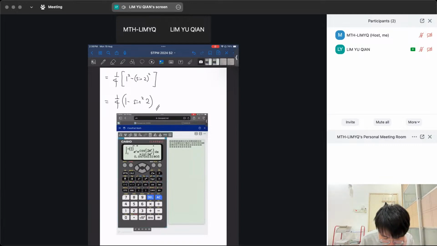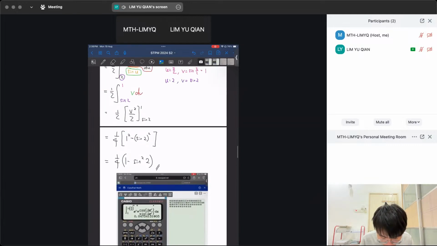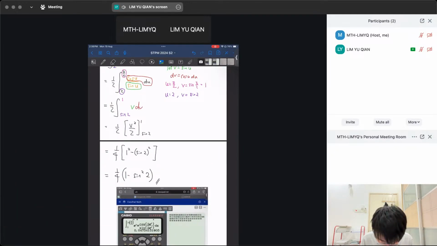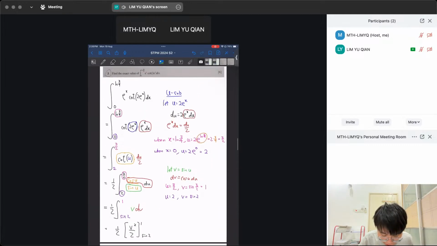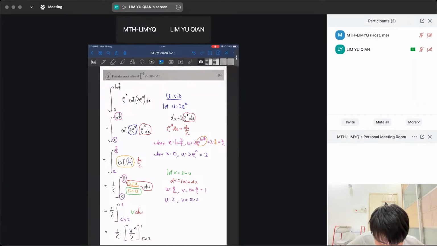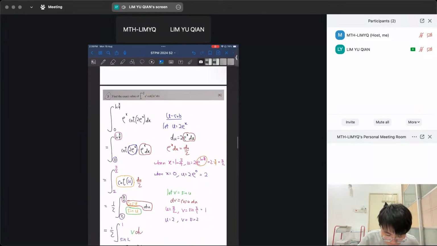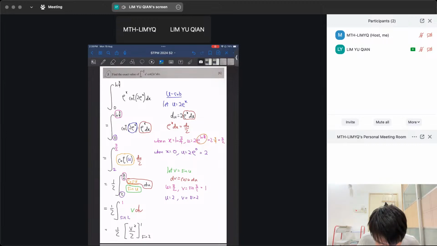That's a little bit different. Let me check where I did it wrongly. Let's check our process. So u substitution, 2 e to the x, e to the x dx equal to du over 2. Then change the upper limit: 2 times e to the ln pi over 4 gives pi over 2. Lower limit: 2 times e to the 0 is 2.